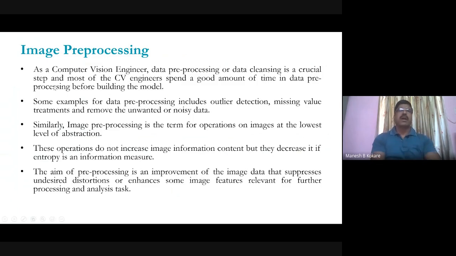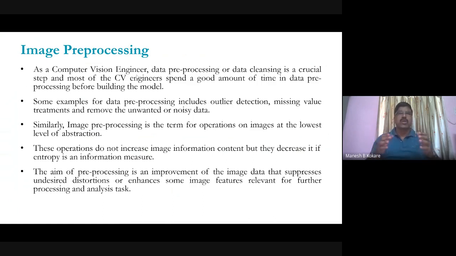As a computer vision engineer, data pre-processing, or data cleansing, is a crucial step. Most CV engineers, that is, computer vision engineers, spend a good amount of time so that the data will be very clear for further processing, like mid-level computer vision, and for building the model of high-level computer vision.